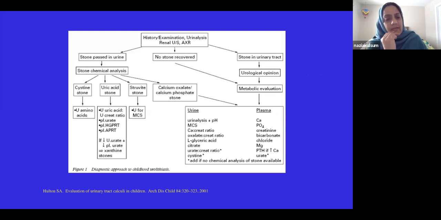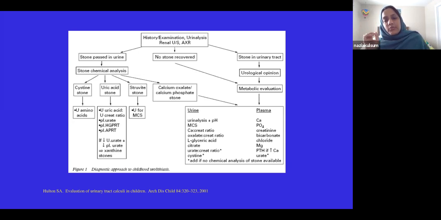So to summarize, if you have a patient with kidney stones, the main thing is you want to do a basic workup. Once the kidney stone has passed, then you will do a chemical analysis. If you retrieve the stone, do the chemical analysis of the stone, and find out if it's a cystine stone, uric acid stone, or struvite stone. Then do the complete urine, 24-hour test and plasma test, or your blood test.